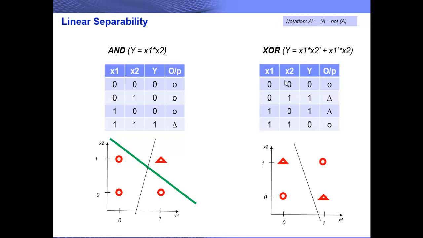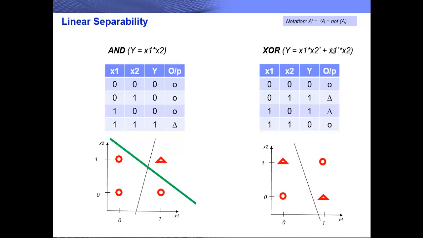Now next combination 0 and 1: x1 is 0 and x2 bar is 0, so 0 into 0 is 0, plus this side, x1 bar, that means 0 bar is 1, into x2 which is 1, so 1 into 1 is 1, so 1 plus 0 will be 1.